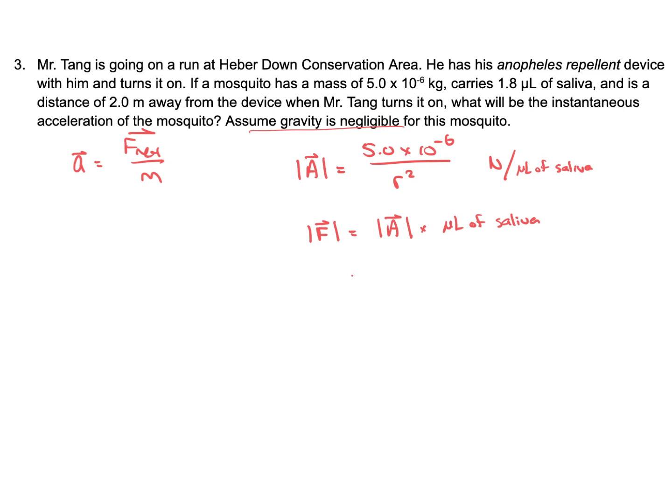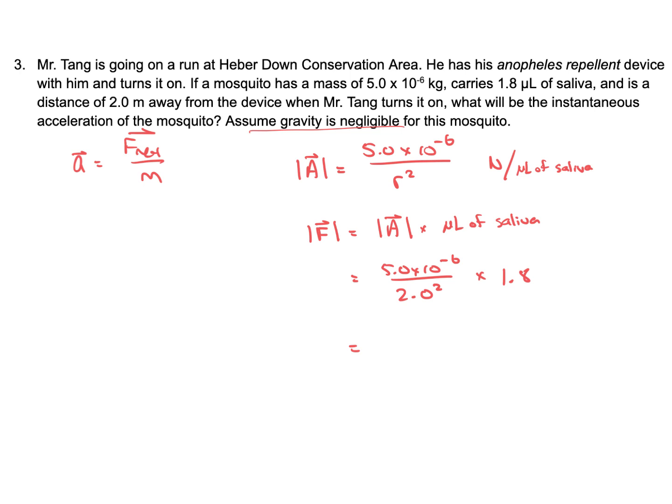All right, so in this question, the distance the mosquito is away is 2 meters. Don't forget to square it. And the number of microliters of saliva is 1.8. So when I calculate that out, that will give the force.